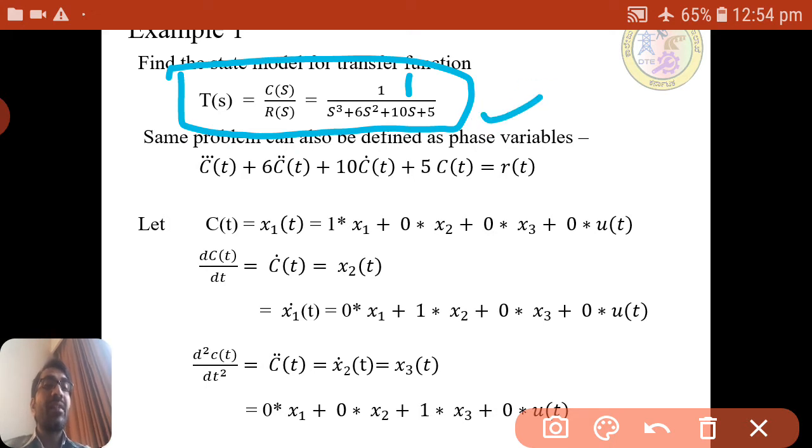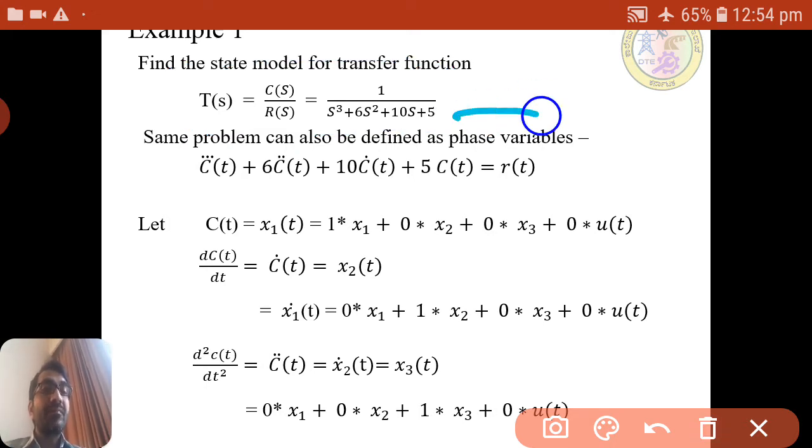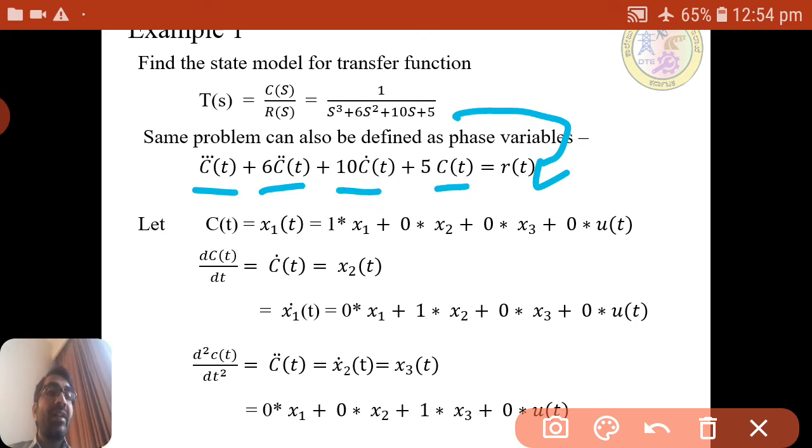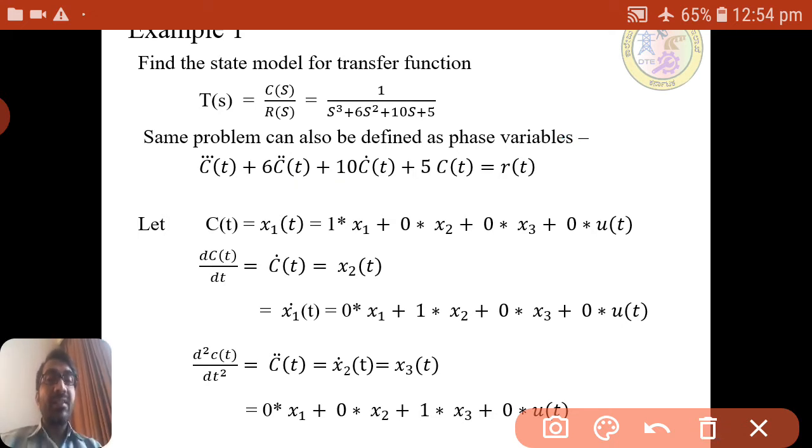That is the third order differential equation, which can be given as, like in the previous example, c of t triple dot plus 6 double derivative plus 10 into first derivative plus 5 into c of t is equal to r of t. Okay, like in the previous, same.